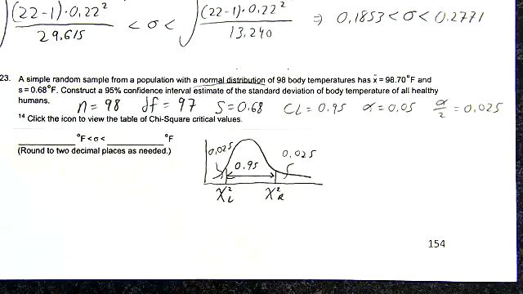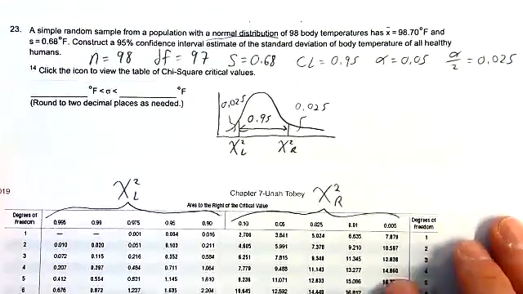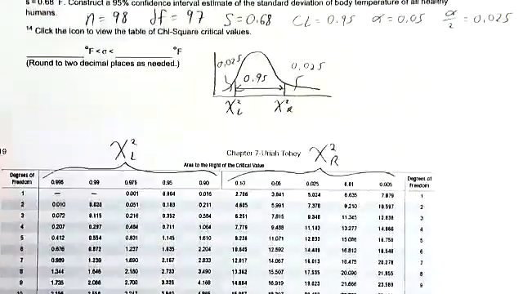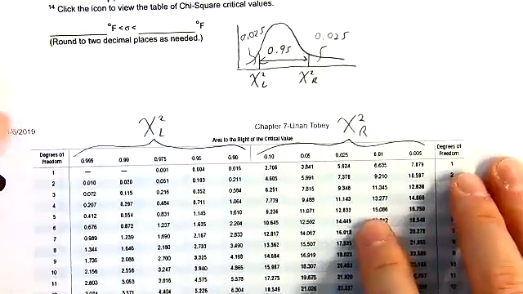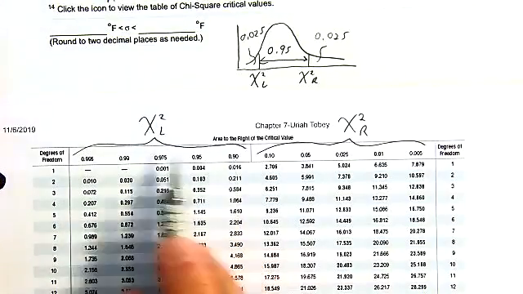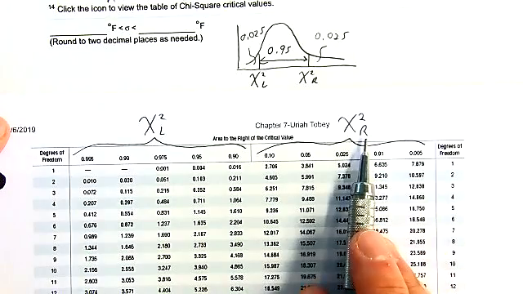And now we can look those up. Let me use this clean table. I'll try to show just the picture in the table. The first 5 columns are specifically for chi-squared left, and the second 5 columns are specifically for chi-squared right.